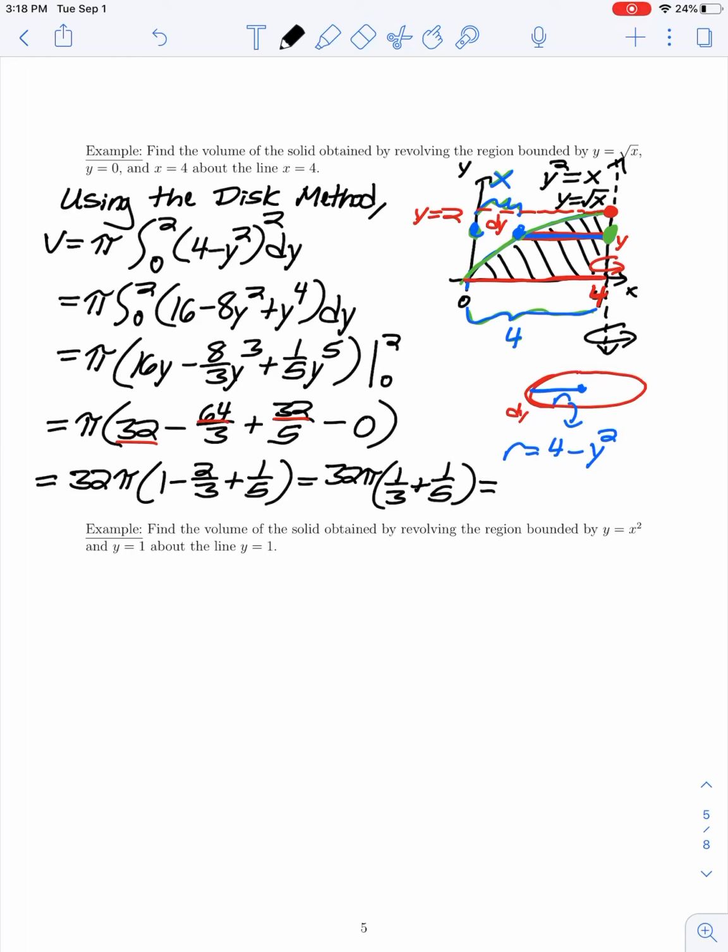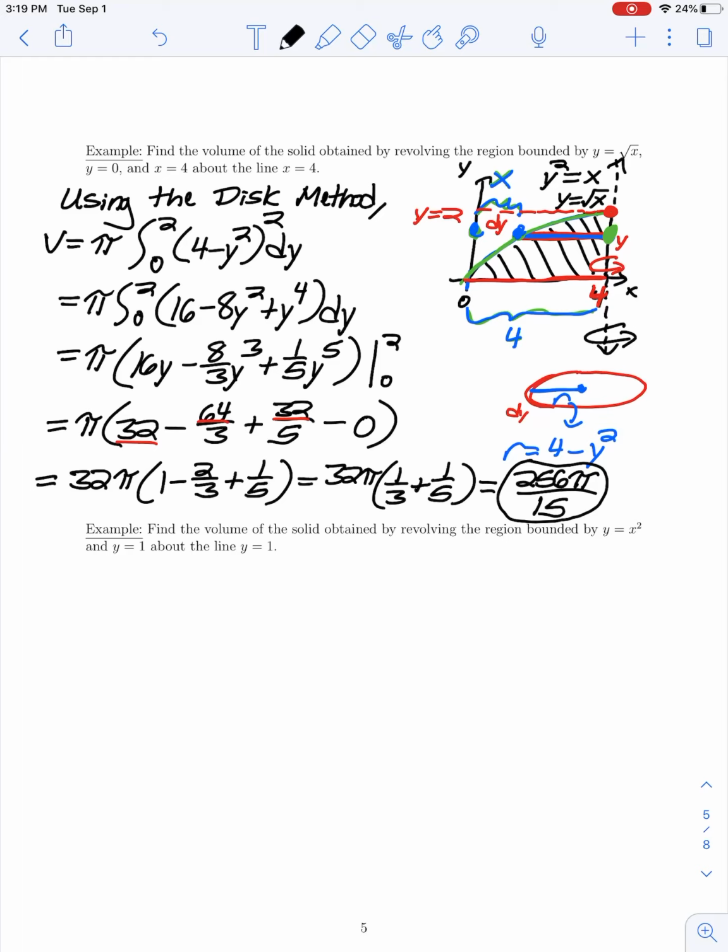And then my 8 times 32 pi gives me 256 pi over that denominator 15. Okay. So we see in this example that if the axis of revolution is not the x or the y axis, determining the radius of our disk becomes a little bit trickier. So let's look at another example of this.